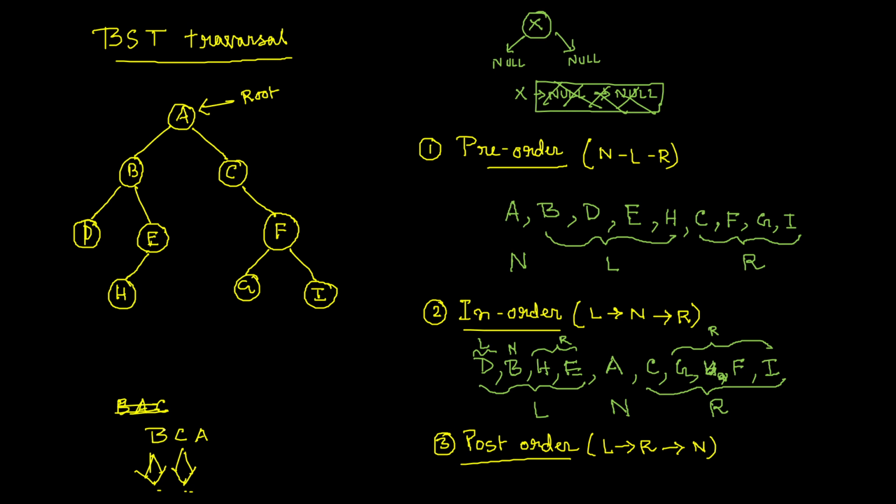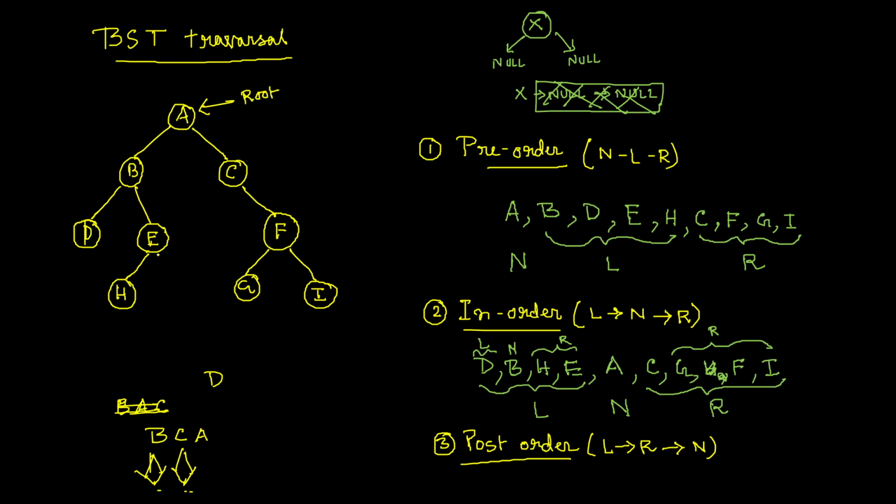So you must do left and right first, then only you can print B. That means for the B part, it will become D on the left side, then the right side. Right side means E, but you cannot print E because E has some children. So first the child has to be printed, then its parent.